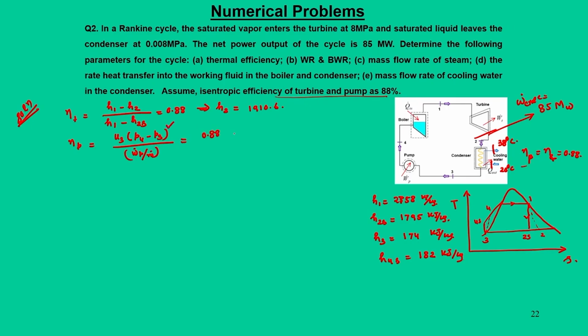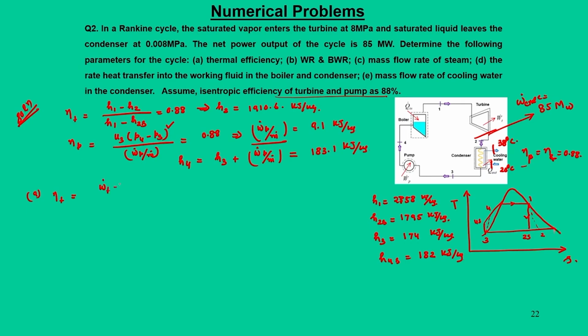So, this will give you W dot P by M dot as 9.1 kilojoule per kg. From this we can also find H4, which is H3 plus this term, so this is 183.1 kilojoule per kg.